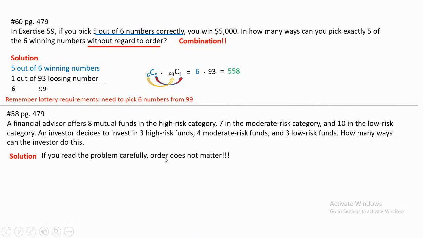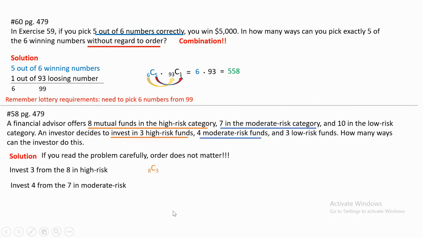If you read the problem carefully, the order does not matter. So here we go. From the 8 mutual funds, right, you want to pick 3. That's going to be 8 combination 3. From the moderate risk, you're going to choose 4. So it's going to be 7 combination 4. And from the 10 low risk, you're going to choose 3. So it's going to be 10 combination 3.